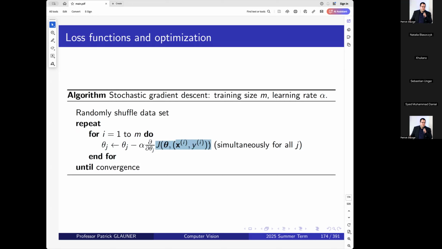This will give us not the real error, but an approximation, because the real error we would only have for all the m examples jointly, but if we calculate the error just for a few examples, we get an approximation. And we get a better approximation if we initially randomly shuffle the data set.